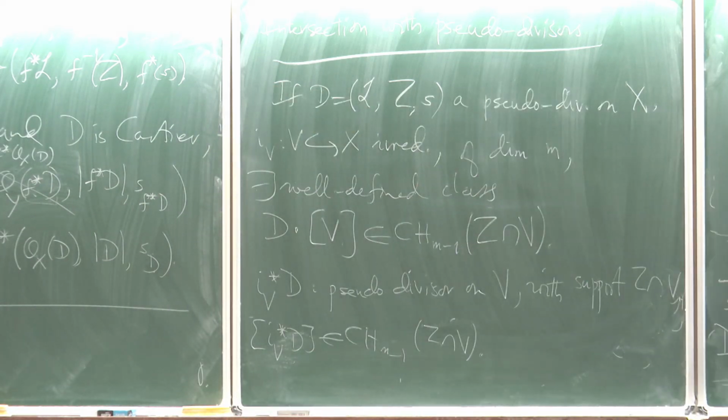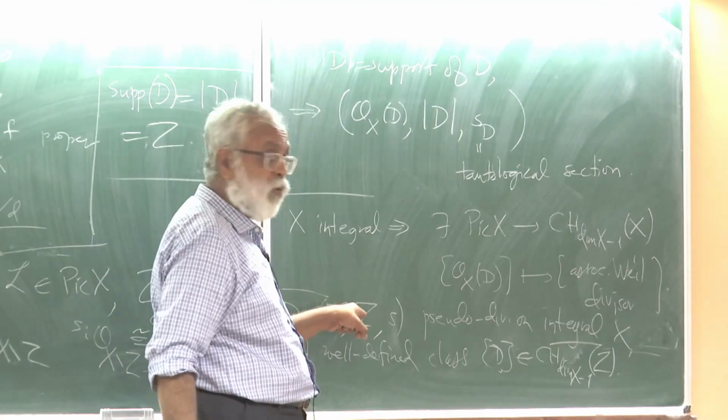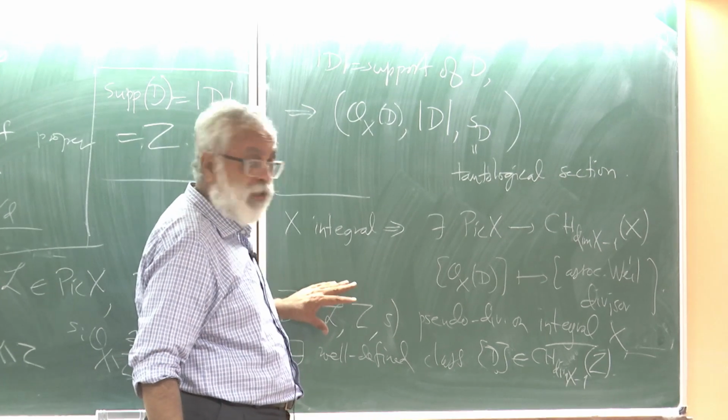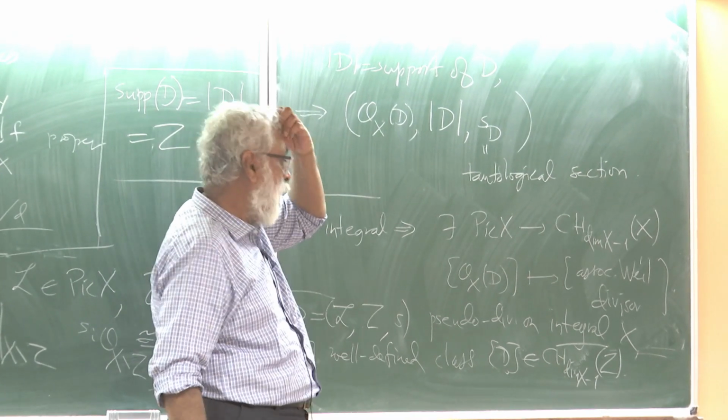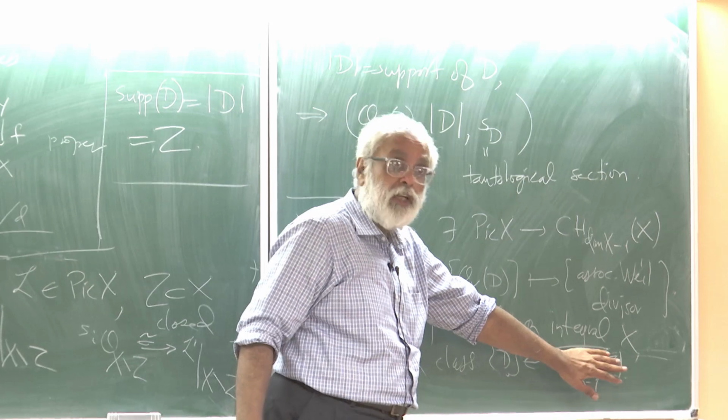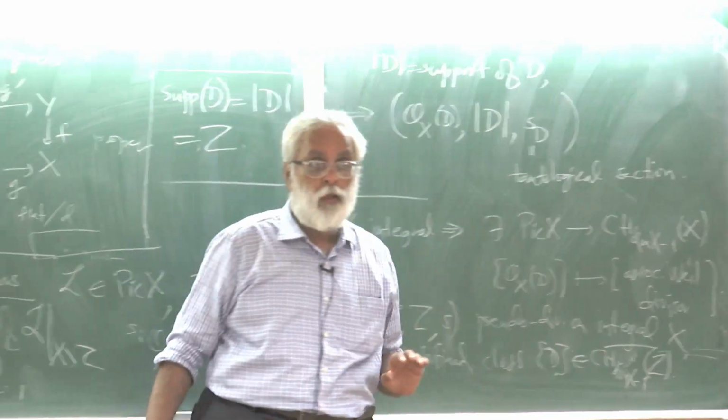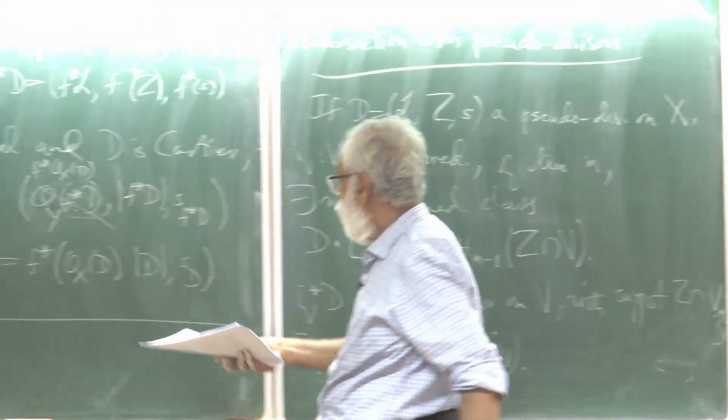And that was the comment I made here. If you have a pseudo divisor on something integral, because you had a support Z here, there's a class of that pseudo divisor not merely in the Chow group of X, but actually in the Chow group of that support. So that's what we constructed here.